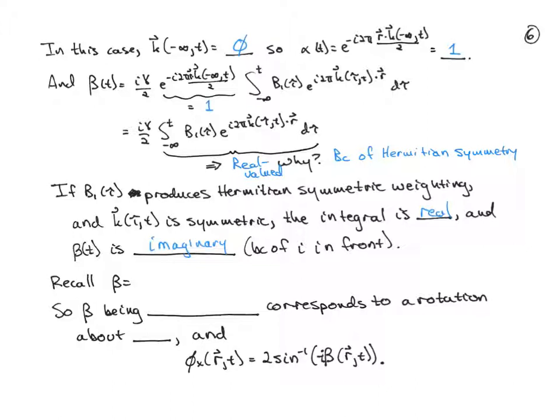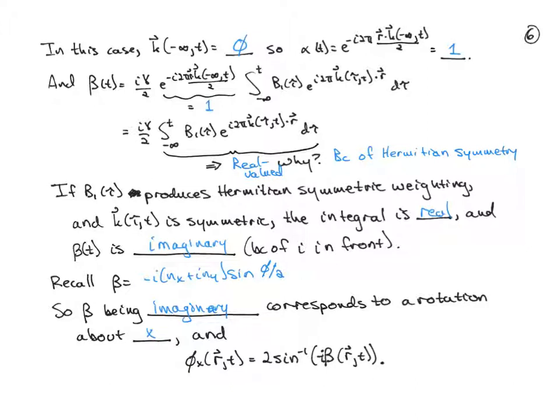Now recall that beta is equal to minus i times nx plus i ny times sine phi over 2. This is another definition of beta. So if beta is purely imaginary, as derived above for the self-refocused pulse, then that corresponds to a rotation about x. That is, nx equals 1 and ny and nz are 0.